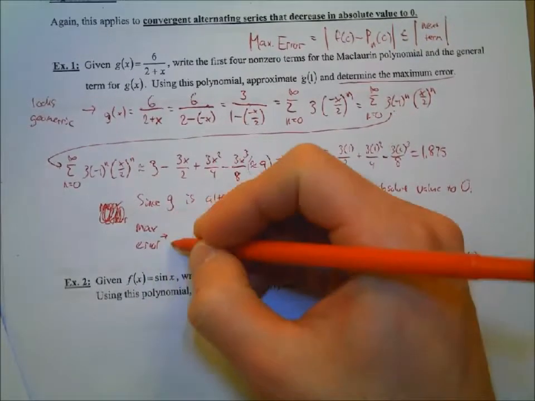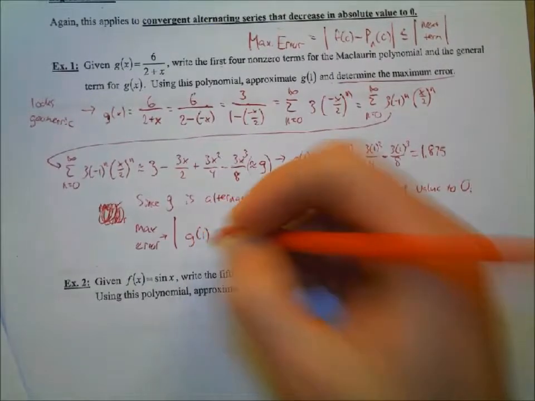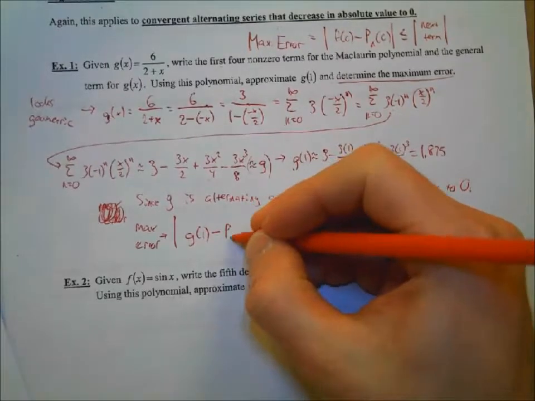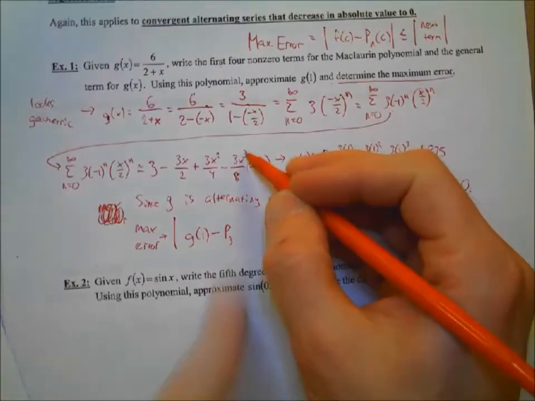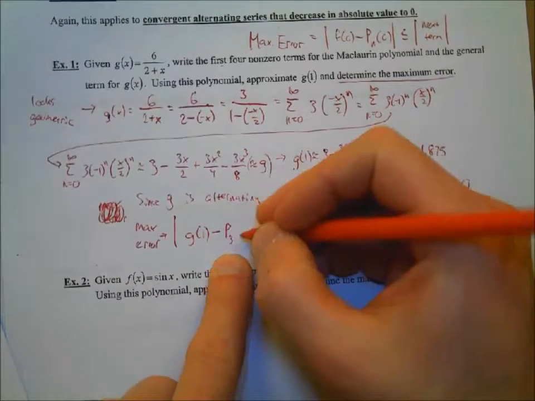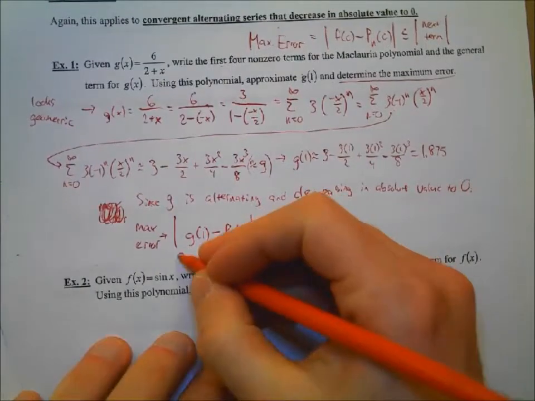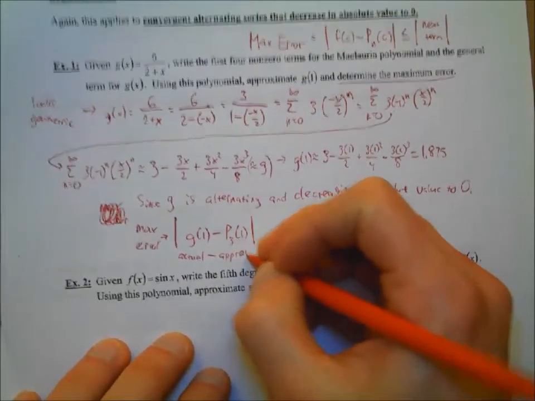So the max error, remember, it's that idea of g of 1, the actual value, take away then, in this case, a third degree Taylor polynomial, or a third degree Maclaurin polynomial. So we'll do p sub 3 of 1. Again, it's actual minus the approximation. That's the difference.